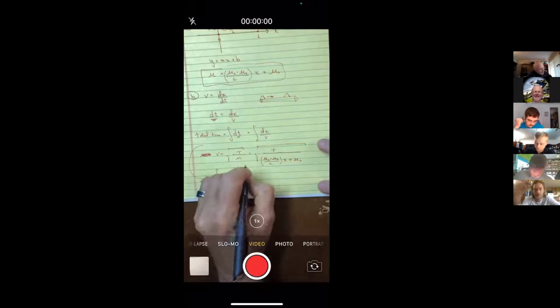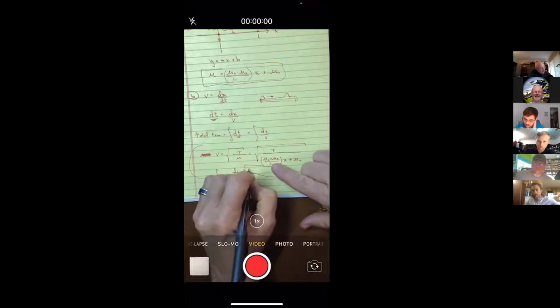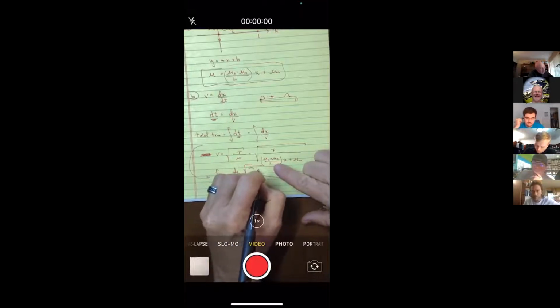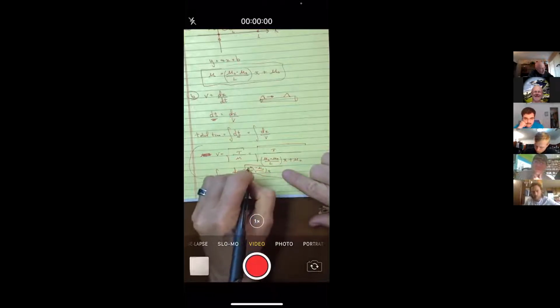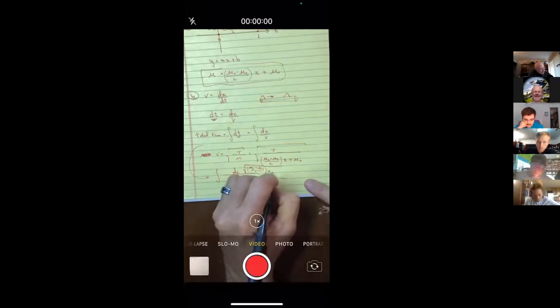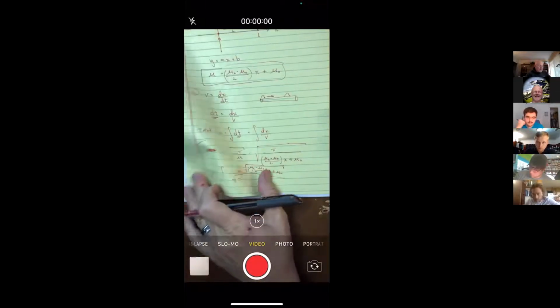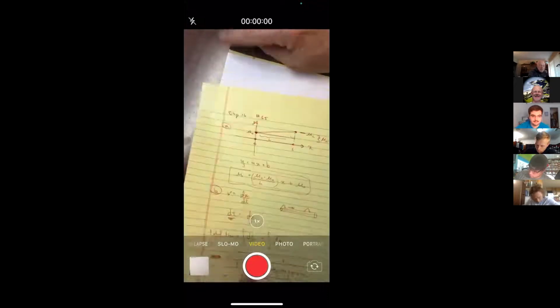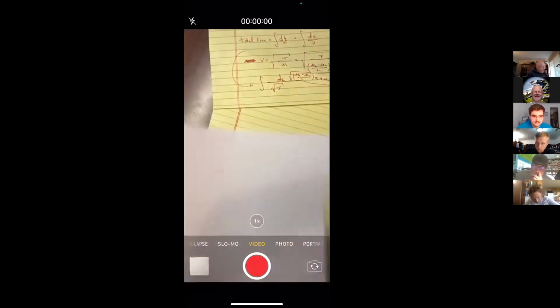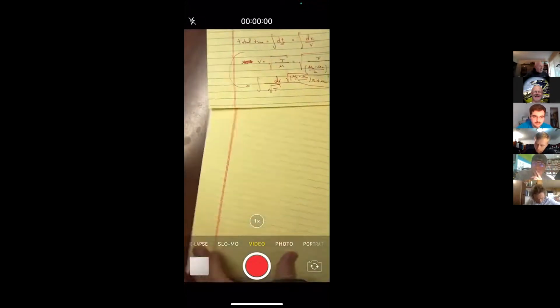So this would be the square root of, should give myself a little better space, mu L minus mu naught over L times X plus mu naught. And this puts the integral on top instead of the bottom.